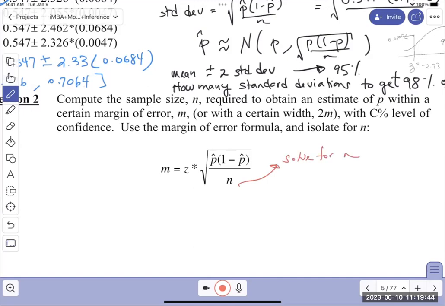In general, to solve for N, I'm going to divide by Z star. And then I'm going to, my chapeaus are really bad, square both sides.